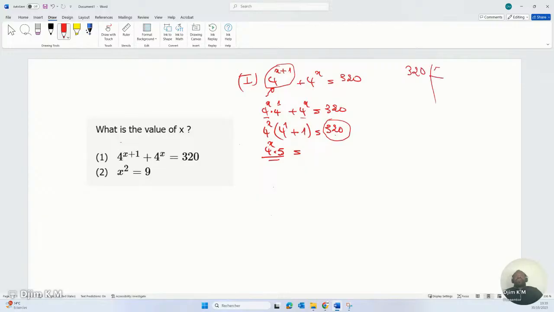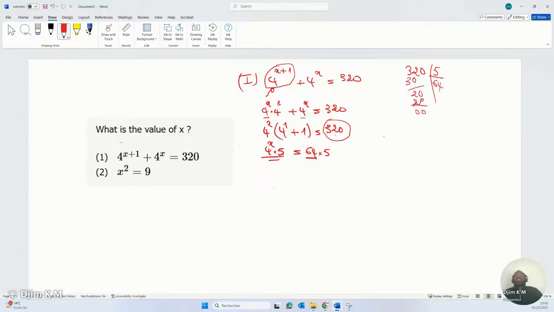Divided by 5 gives us 64, so this is actually equal to 64 times 5. And we need to write 64 as 4 to the power something.